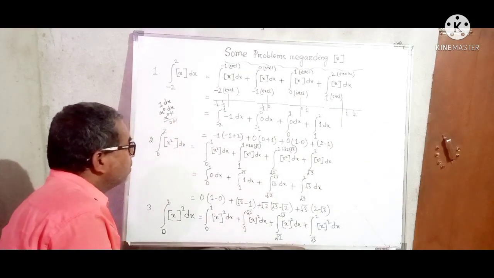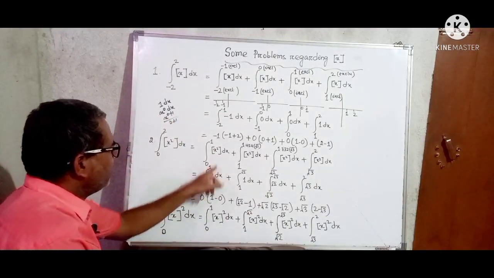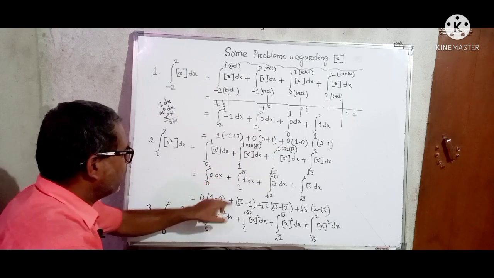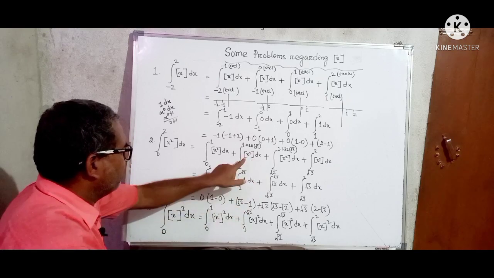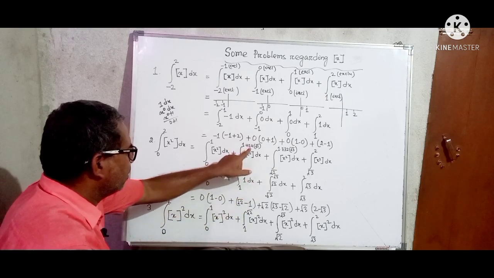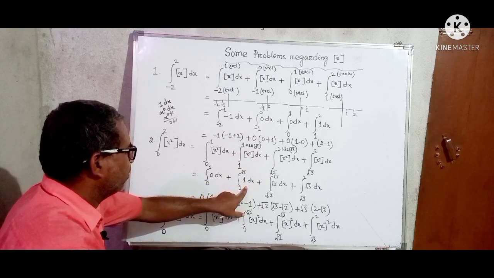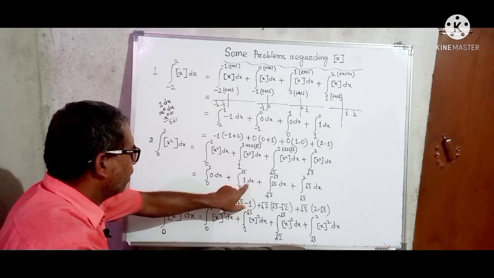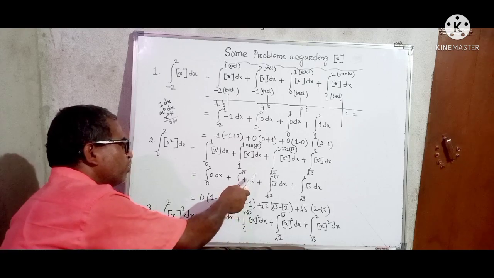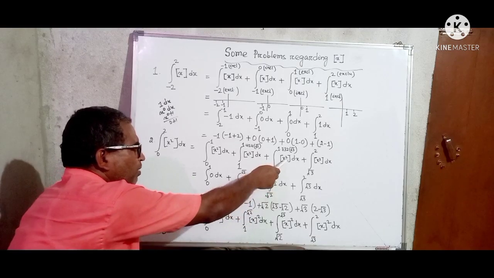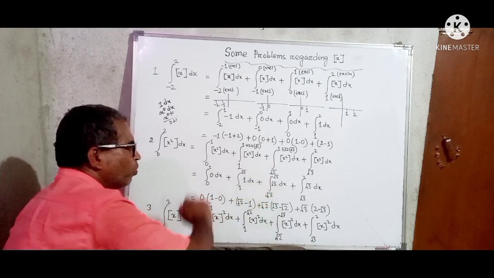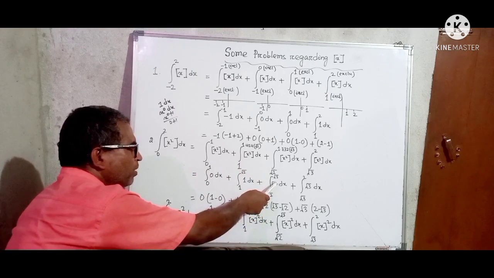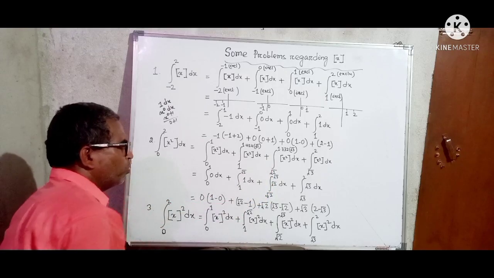Understand? So you see 0 to 1, the value is 0, and here the value will be 1, and here the value will be root 2.